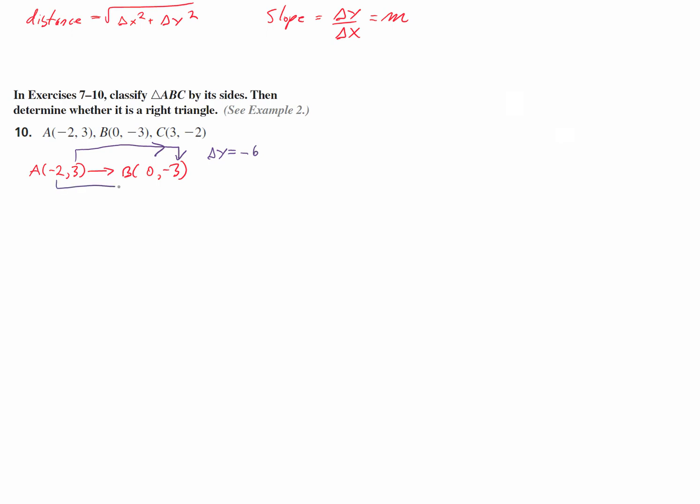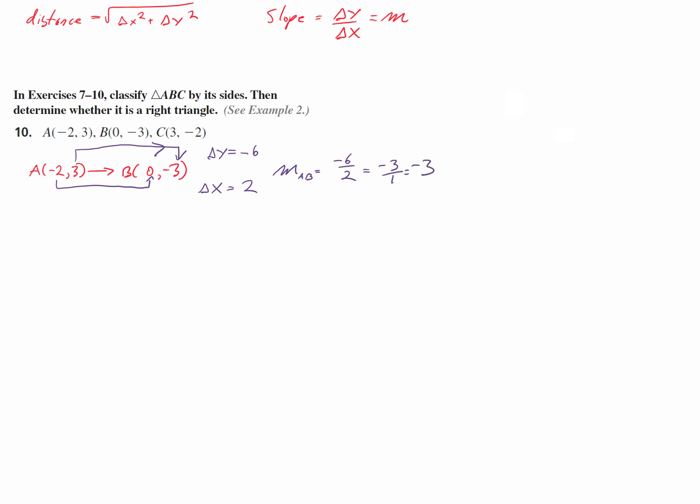My change in x, well, that's the other two parts. And if I'm going from negative 2 to 0, I actually have to add 2. So I got my change in y and my change in x. Let's do the slope. So the slope of this guy, AB, is negative 6 over 2, which reduces to negative 3 over 1, or just negative 3.